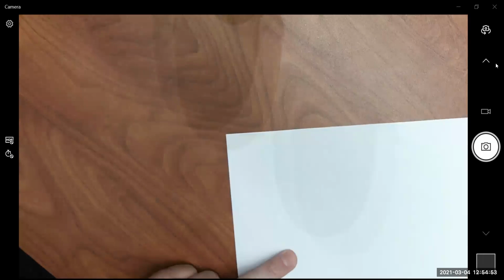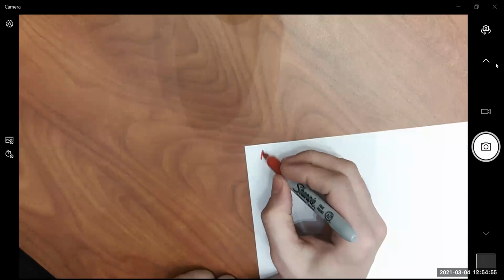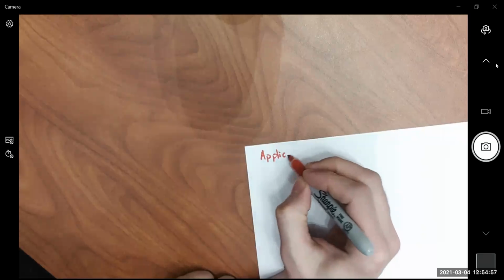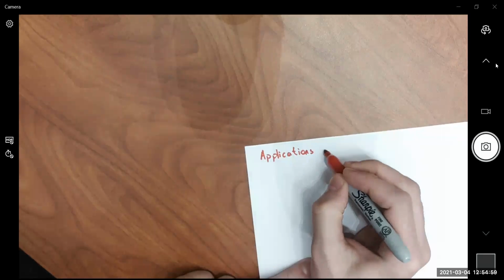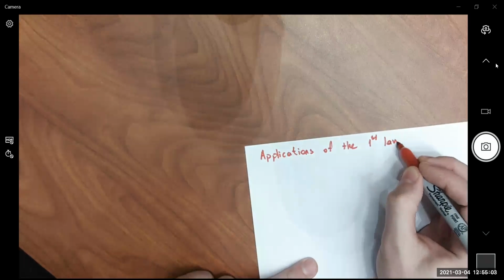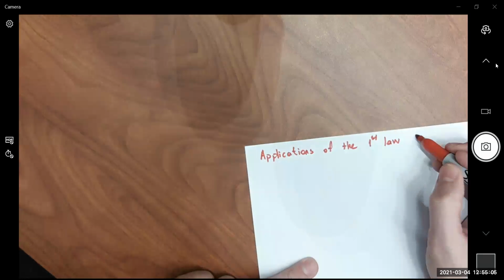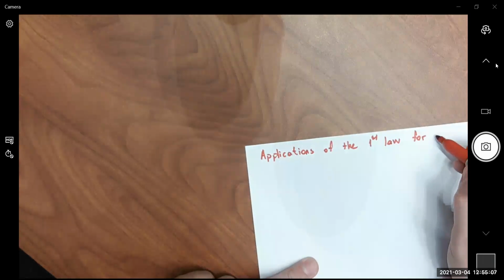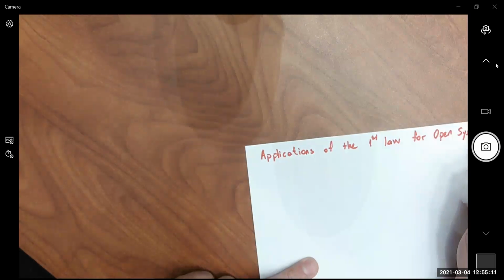Continue on applications of the first law for open systems.